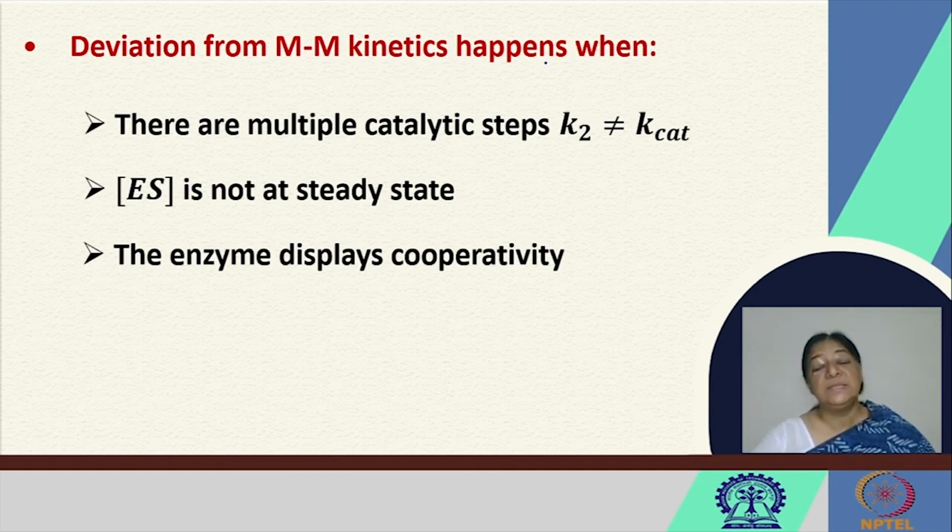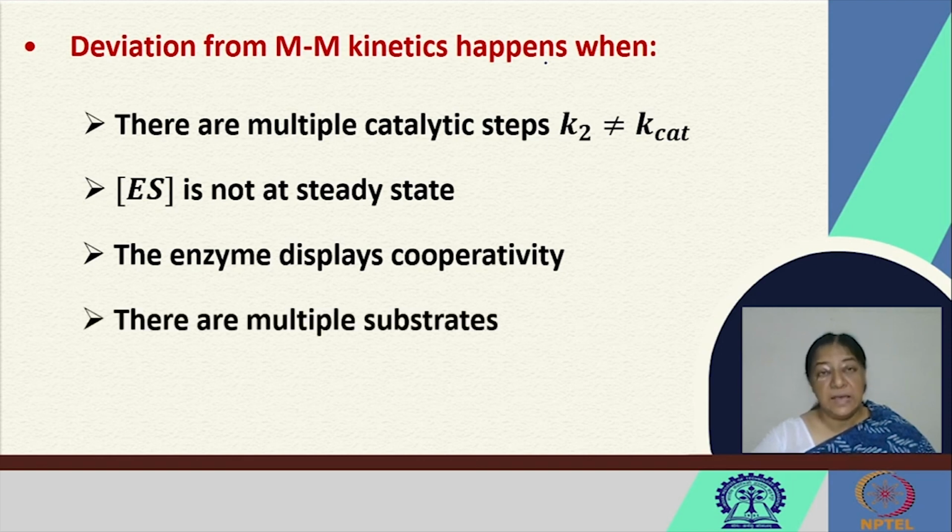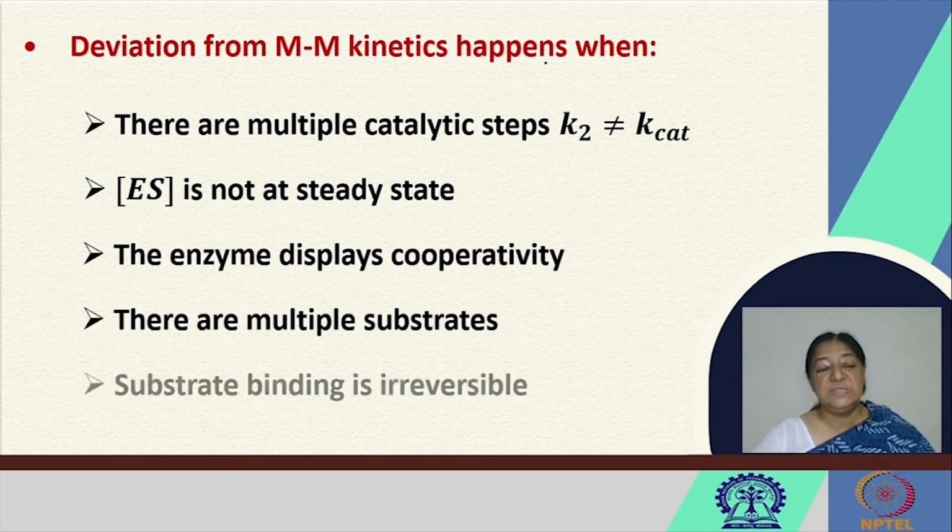We will also be looking at bi-substrate kinetics, where we have multiple substrates, and this substrate binding is irreversible in the sense that there is a covalent linkage that cannot be broken.